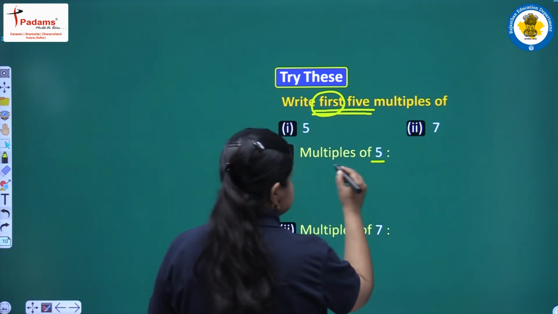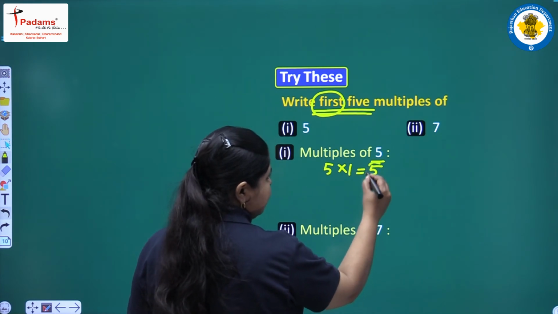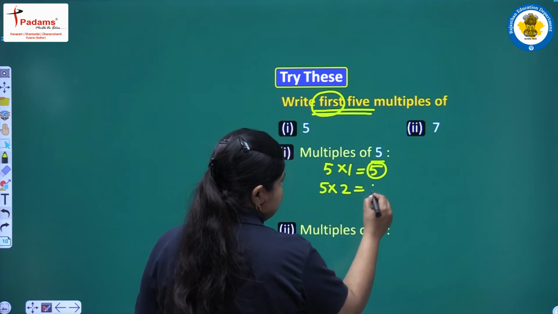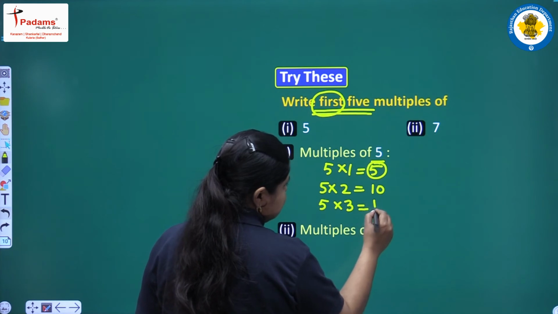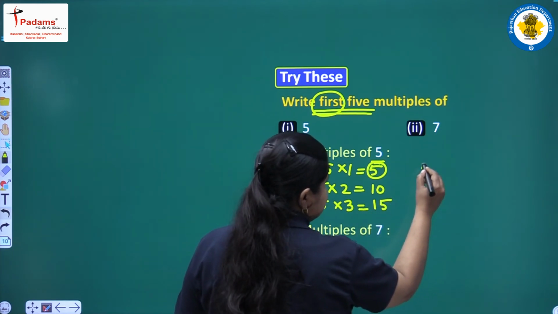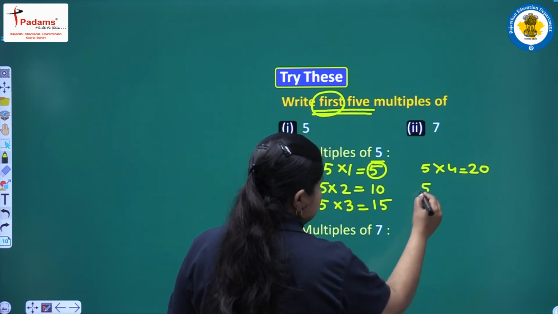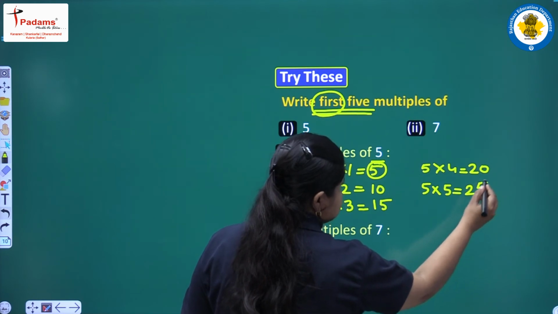Then what we get is 5 ones are 5, this is the first multiple. Then multiply 5 by another number 2, it's 10, multiplied by 3, we get the third multiple, multiply it by 4, we get the fourth multiple, multiplied by 5, we get the fifth multiple.